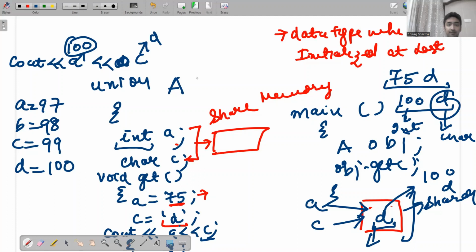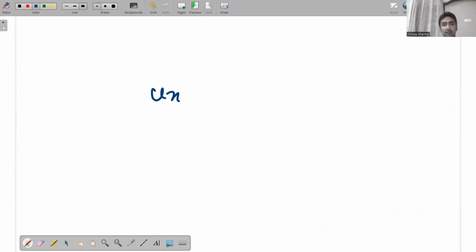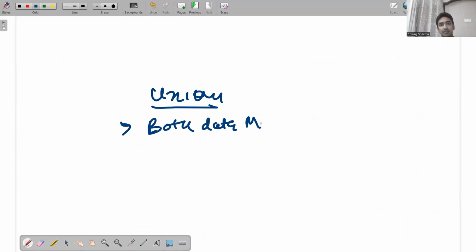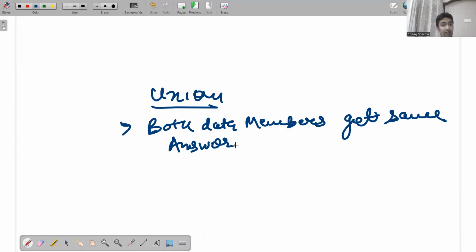That is what your structure and union differentiation is all about. So the first important takeaway from union is both data members get the same answer. Which answer will they get?